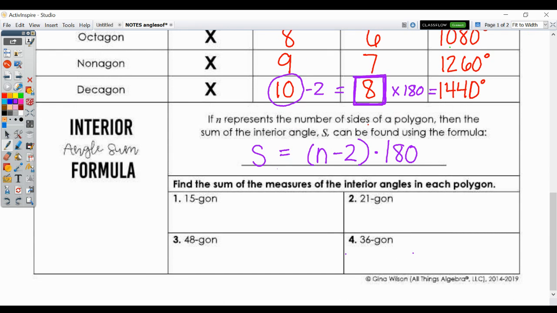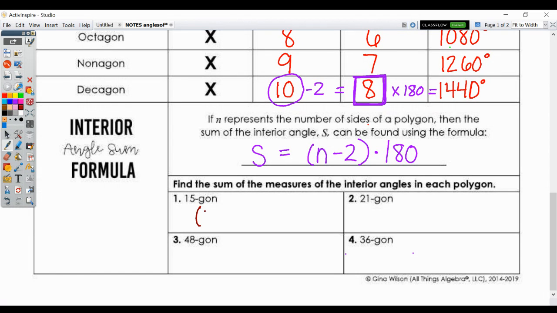Okay, so for example, let's do number 1. If I took a 15-gon and I wanted to know the sum of the angles inside of a 15-gon. It's got 15 sides. That's what 15-gon means.